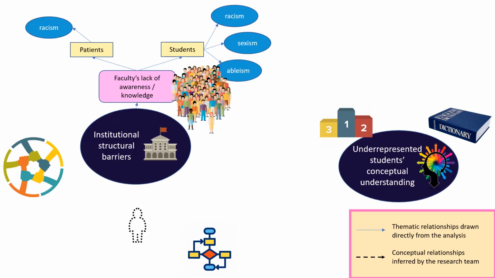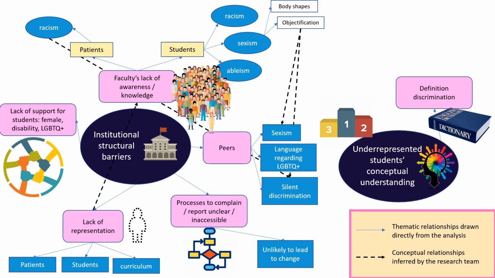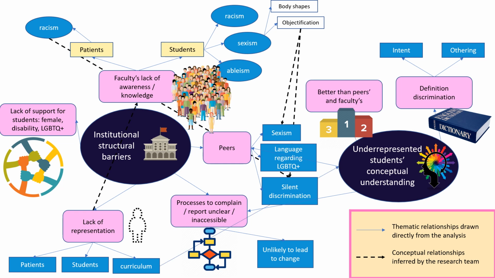So I'm going to briefly summarize what came from the discussion of the different focus groups we had with the students. And I do apologize because it's quite a busy slide, but basically what came up from the discussion with the students is that they noticed institutional structural barriers that were related to the faculty's lack of awareness and knowledge, and also their peers who could make comments which were sexist or homophobic.